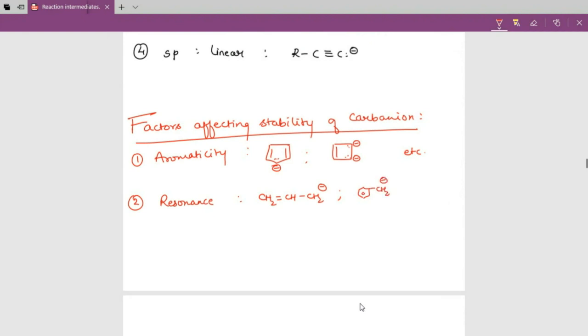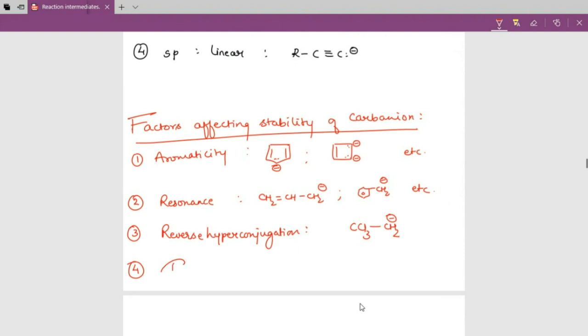These are all stable. There is no hyperconjugation, but yes, if there would have been reverse hyperconjugation, then it could have been of some importance, like CCl3CH2 minus. Here it is reverse hyperconjugation.